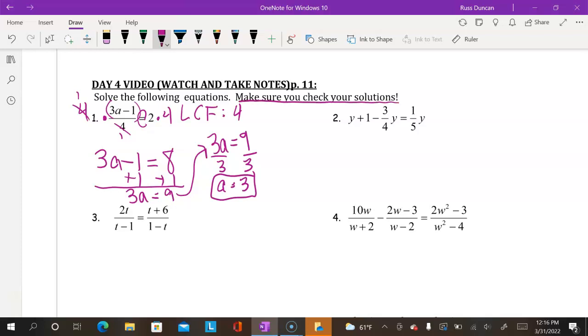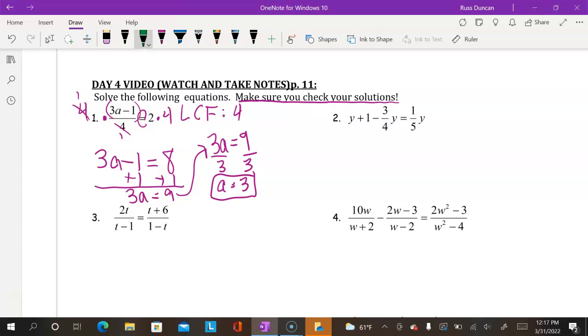There can be values that won't work because the denominator of a fraction cannot be 0. So for instance, in number 3, if t was 1, 1 minus 1 is 0, and you can't divide something by 0. So that wouldn't work. So t couldn't be 1. If t comes out 1 in number 3, that won't work.